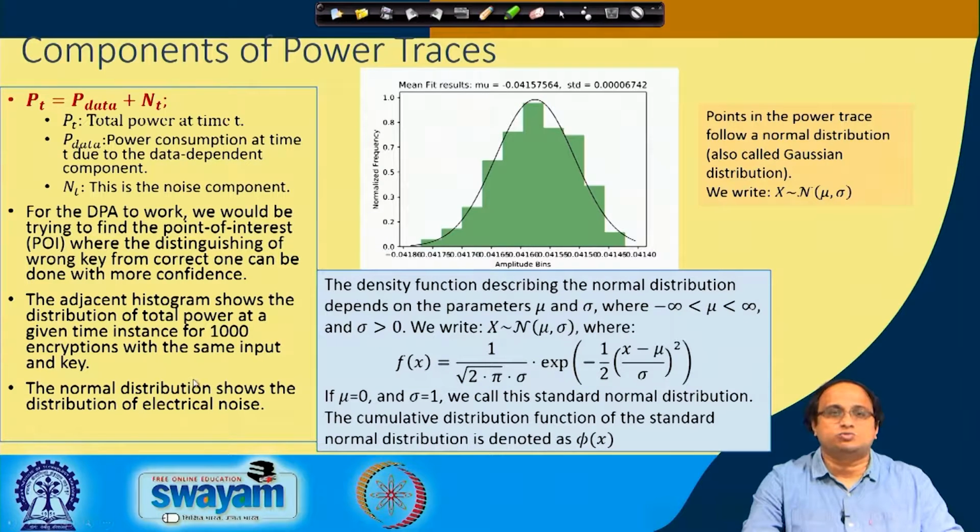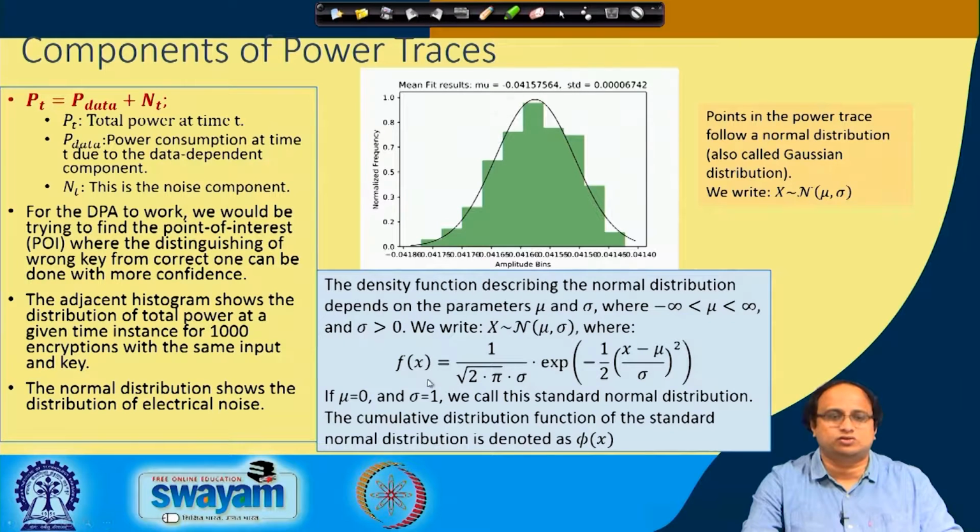You can observe that the normal distribution is quite evident. You see that there is a nice normal distribution where you can fit your histogram. The green bars are the histogram, and we have fit a normal distribution to it. This normal distribution shows the distribution of electrical noise, and just to recapitulate, this is how a normal distribution looks like.